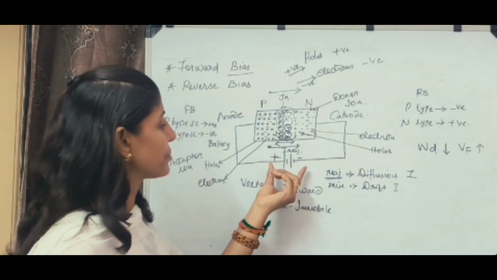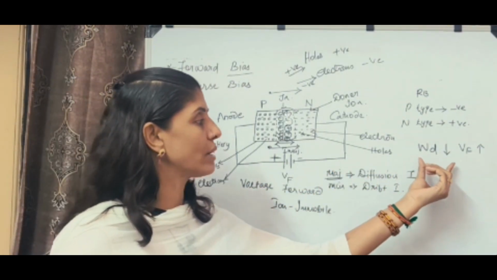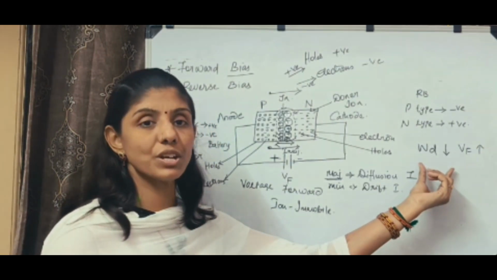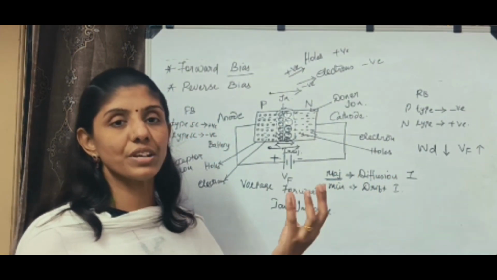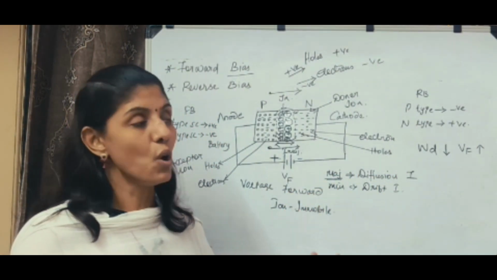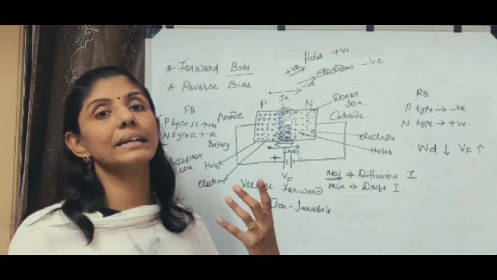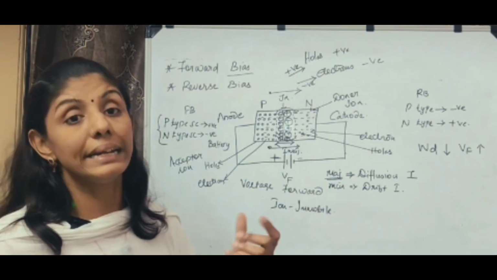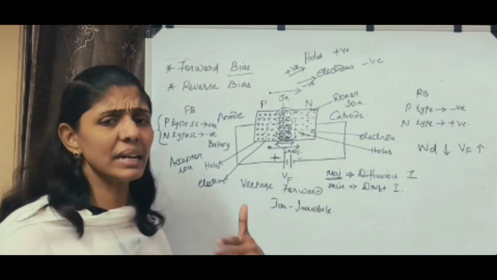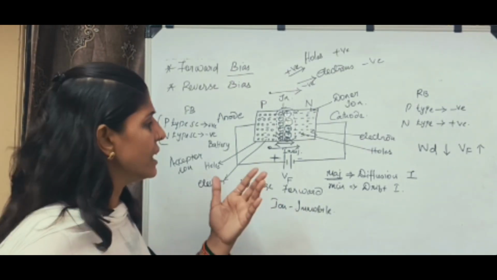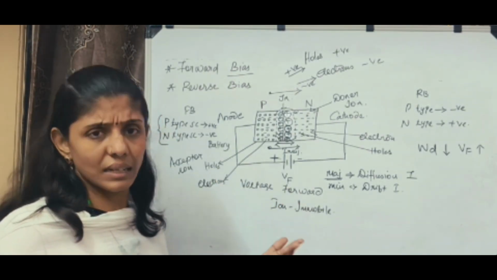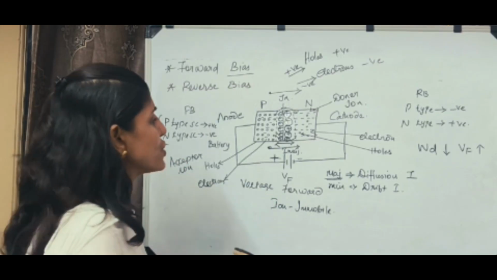So remember, in the forward bias, what will happen to the depletion region width? The depletion region width will be getting reduced. Once we are increasing the forward bias, automatically the depletion region width will decrease. I'm increasing more, even increasing the forward voltage. So what will happen?